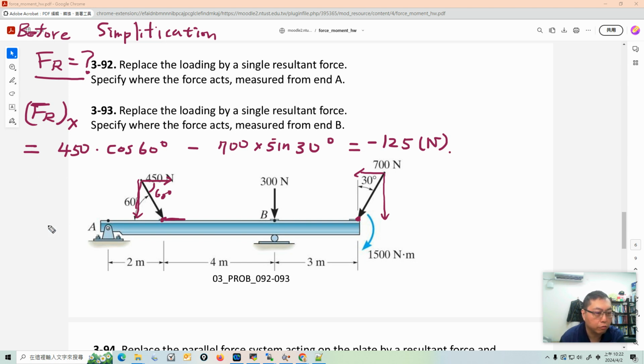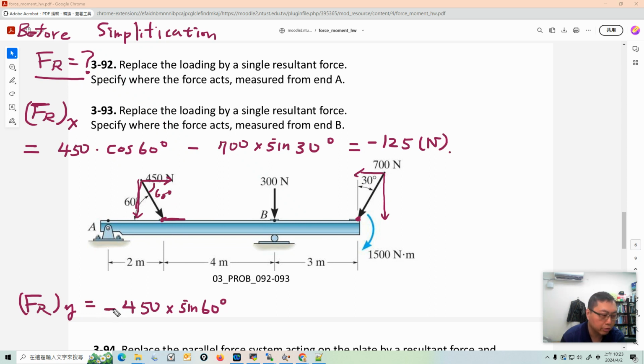What about the resultant force in the Y component? For the 450 Newton force, we multiply by sine 60 degrees, so 450 times sine 60 degrees, and it's pointing down, so there's a negative.